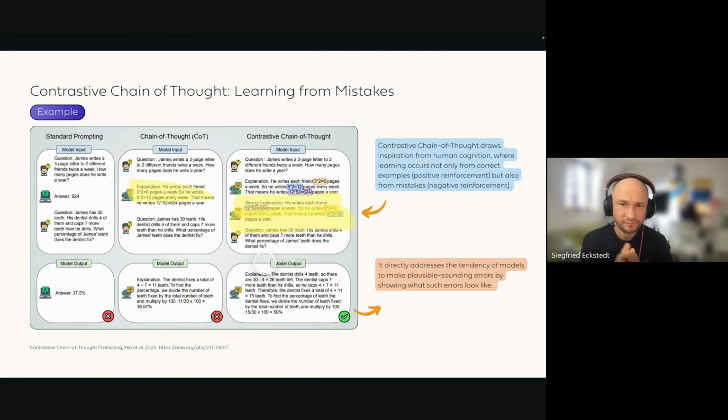One tendency that models have is to just follow along with what's most plausible. But if you have shown it once that it could run into an error, it avoids these errors, which is, let's say, a cheap way of training a model to act more towards the intended behavior.